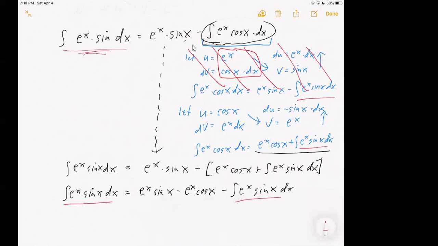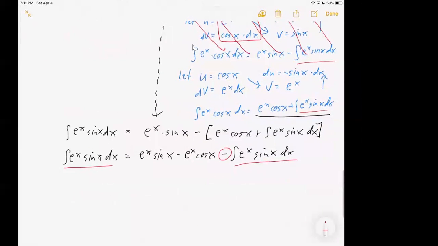While these two are the same, notice the subtraction sign. That means to get it to go away on the right-hand side, I should add it. And that means that twice the integral of e to the x sine x dx must equal e to the x times sine x minus e to the x times cosine x.